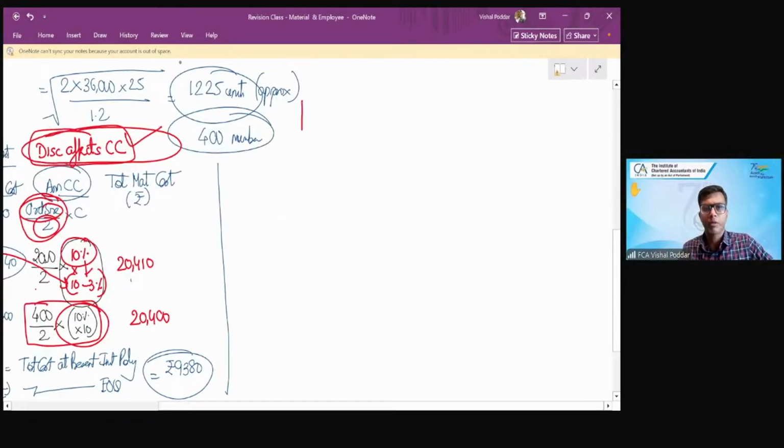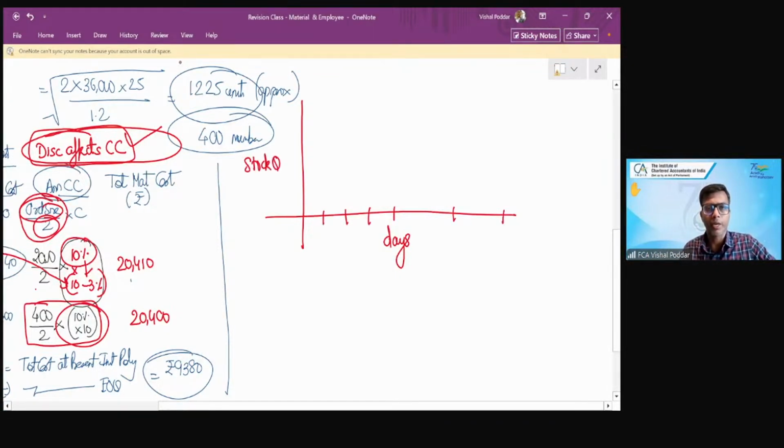Which is very important. So see, this is my stores chart where I am having days: day 1, day 2, day 3, day 4, day 10, day 50. And this is my stock quantity, that is the stock balance which I'm having. Please understand this. Now, assuming on the first day start, that is day 0, I have made a purchase.